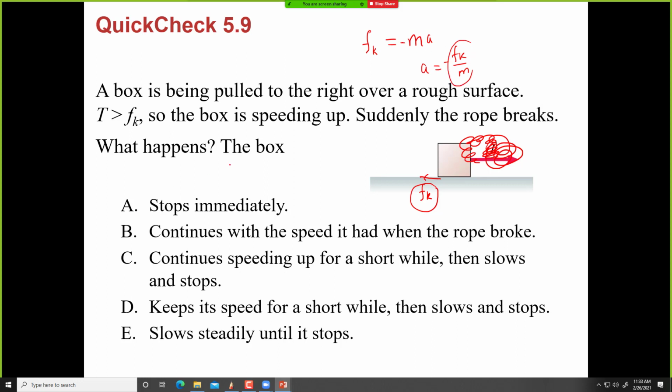So you have this constant acceleration applied to the object. Constant acceleration means it will steadily slow down until it stops. Okay. So the right answer for this one is E. Or you can say it slows down at a constant rate, which is what we call steadily. Okay.